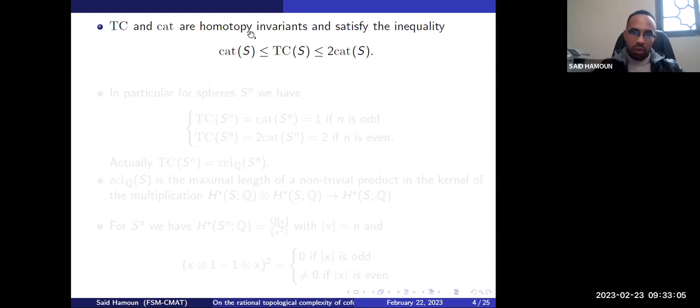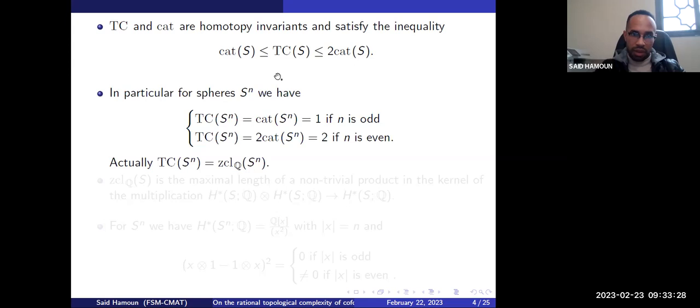And now one may wonder what the relation between these two homotopy invariants is. For instance, let's point out this inequality: topological complexity lies between cat and 2 times cat.